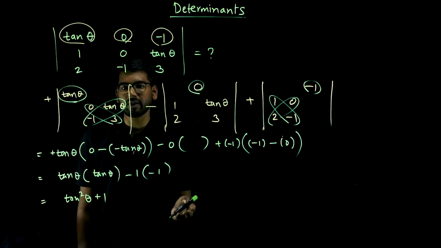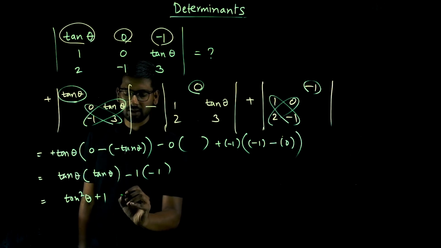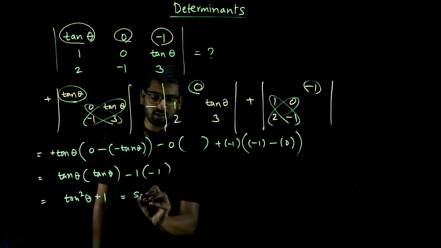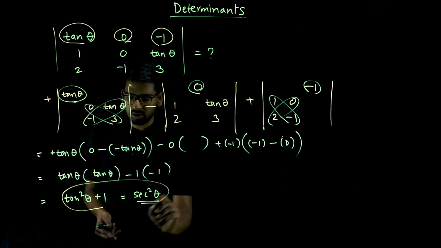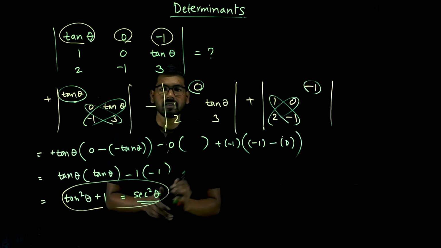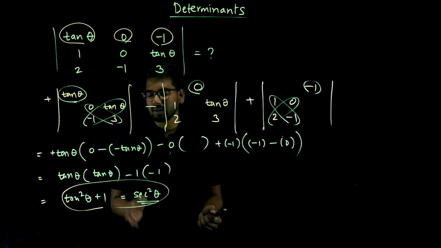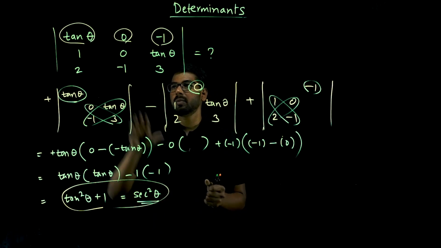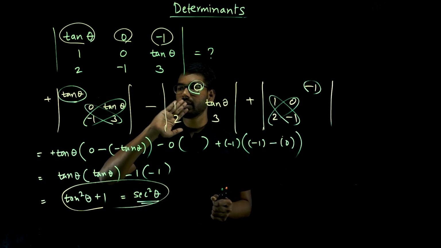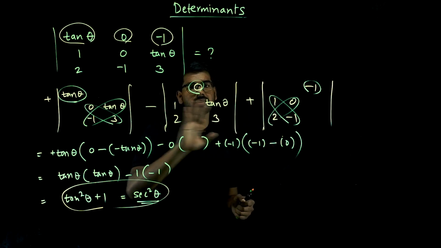If in the option they give 1 plus tan square theta, this is the answer. Otherwise, 1 plus tan square theta becomes secant square theta. This is the only trigonometry part you need to know. Okay, 1 plus tan square theta is equal to secant square theta. But in the options they will give this or this. Okay. So whether it is trigonometry or numbers, the procedure to solve the determinant is the same.